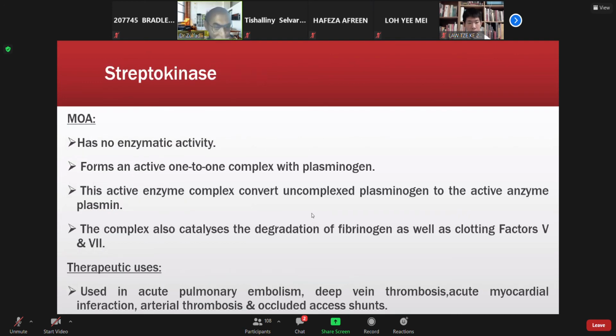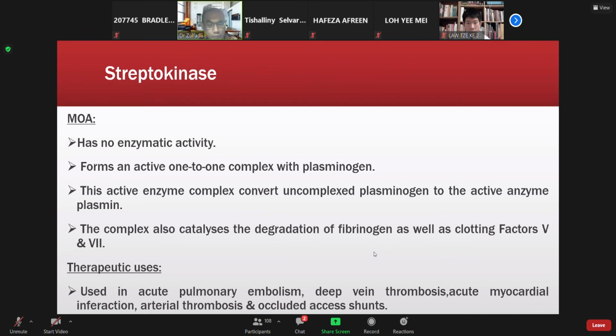Streptokinase has no enzymatic activity, but it forms an active one-to-one complex with plasminogen. Meaning the streptokinase will bind to the plasminogen, and then this active complex will convert plasminogen into plasmin.